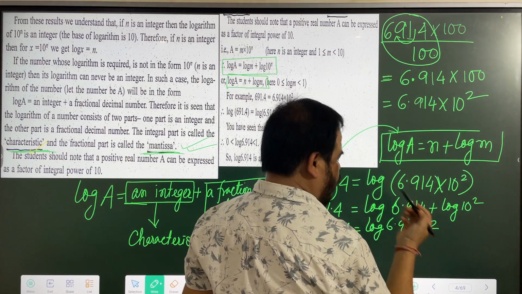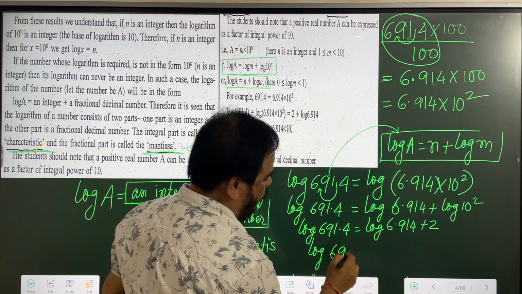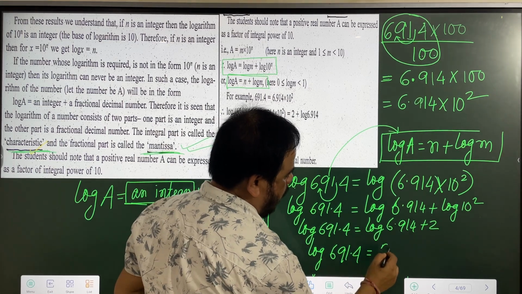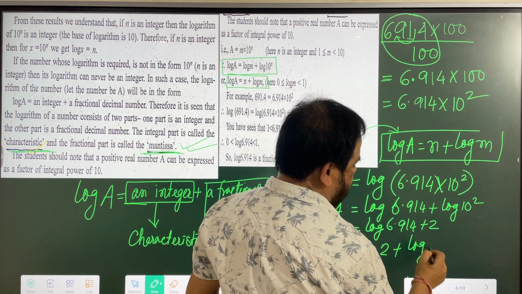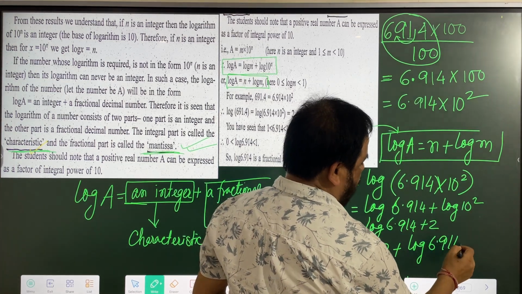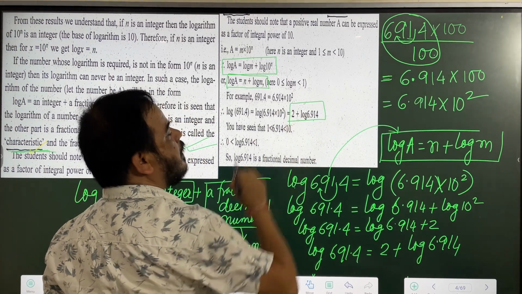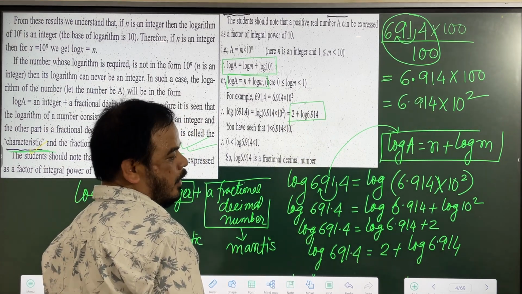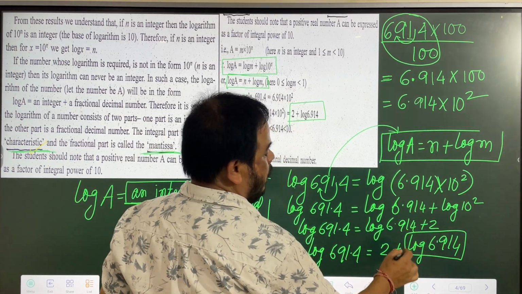Log 10 is 1, so I have written 2. So one more line let us write. 691.4 is equal to 2 plus log 6.914. This is what is written here. So 2 plus something. So this value we will find out.